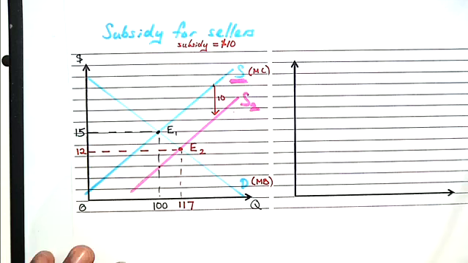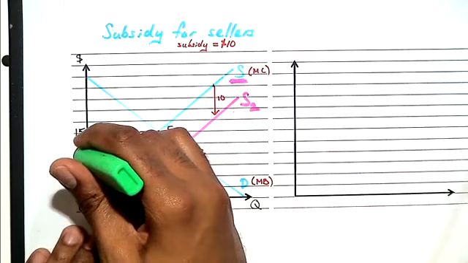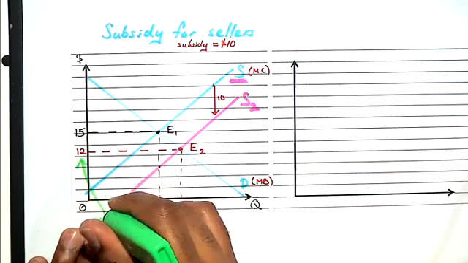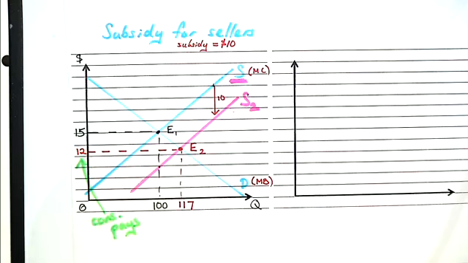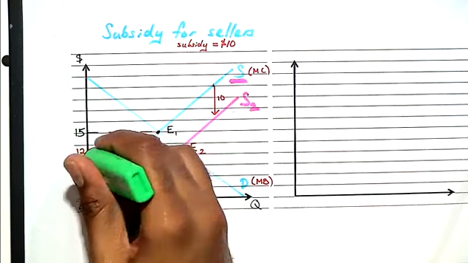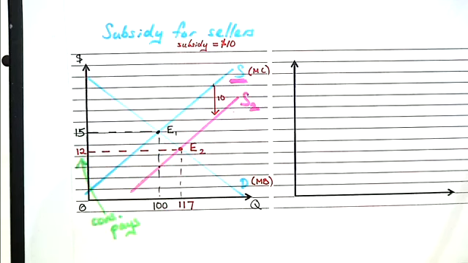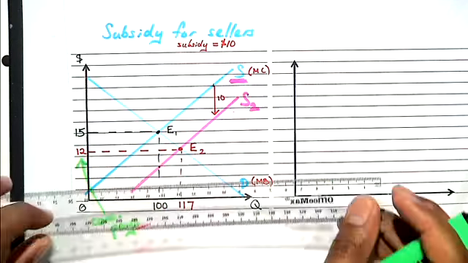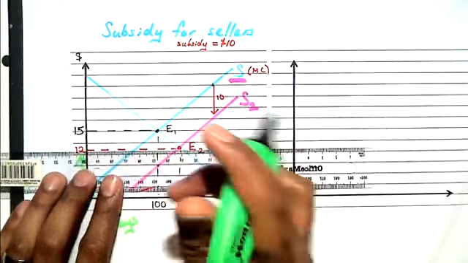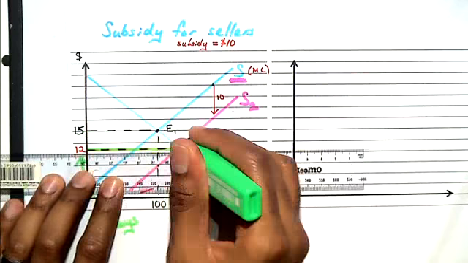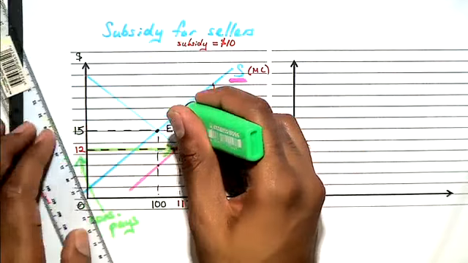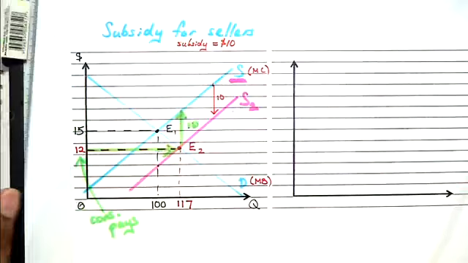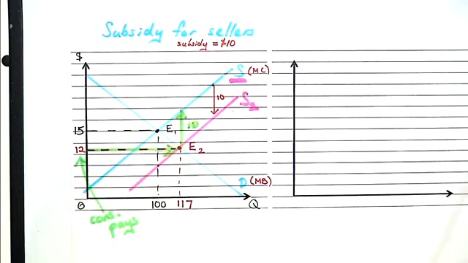So, even though 12 is all the consumer pays, the seller gets a further $10 from the government.